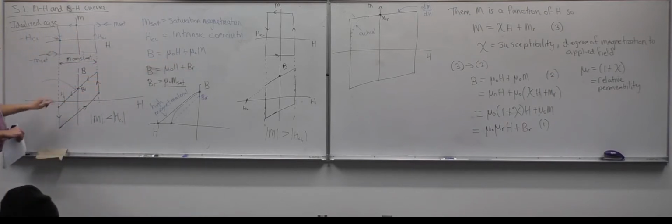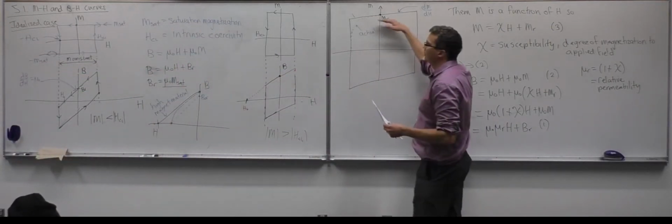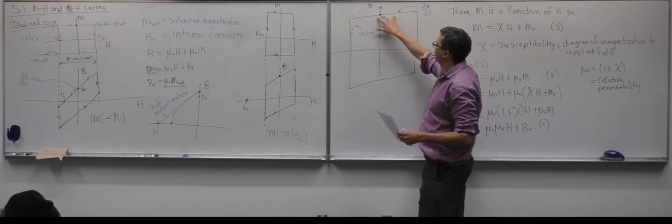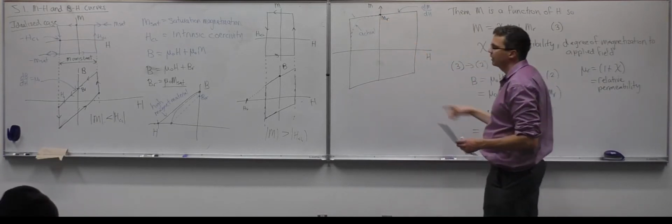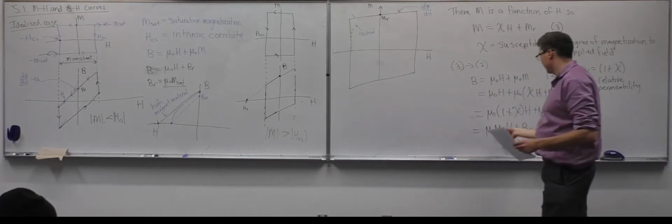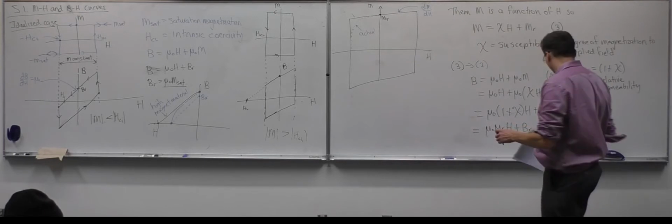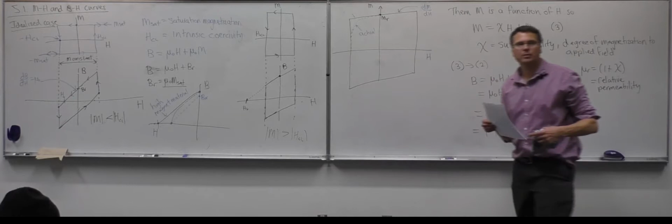So in this one here, dB dH is equal to mu naught. Now with the M not being constant, being a slight function of H, the BH curve will have a gradient that's equal to mu naught times the relative permeability. Does that make sense?